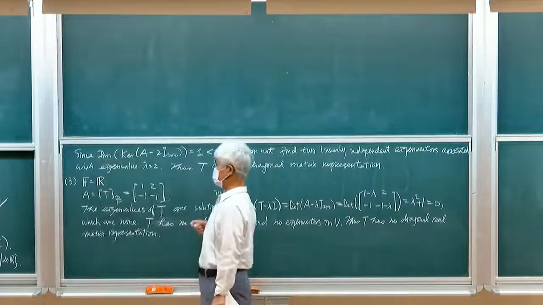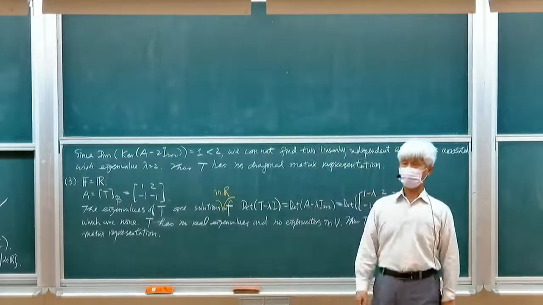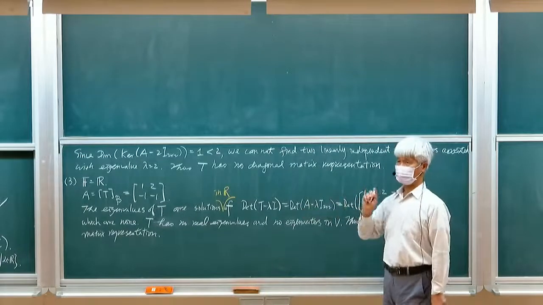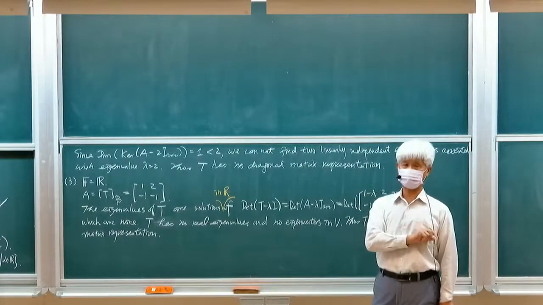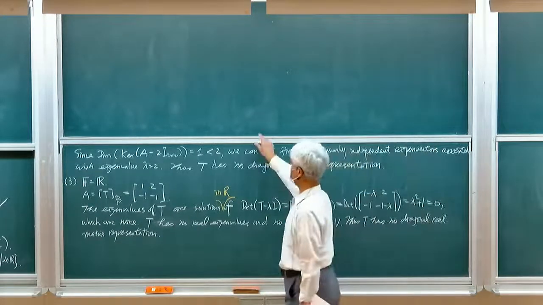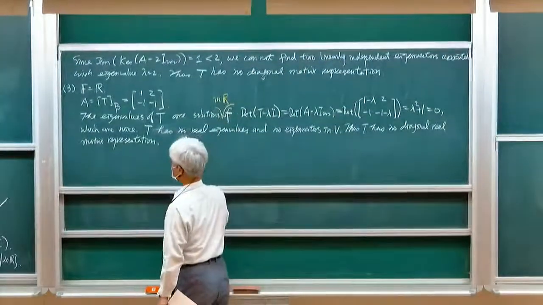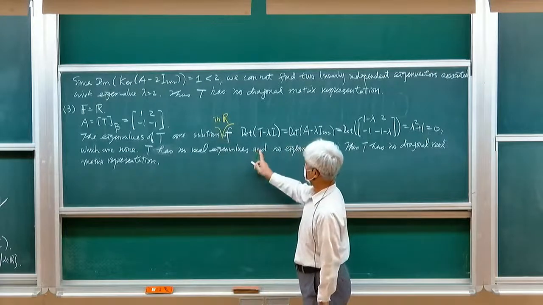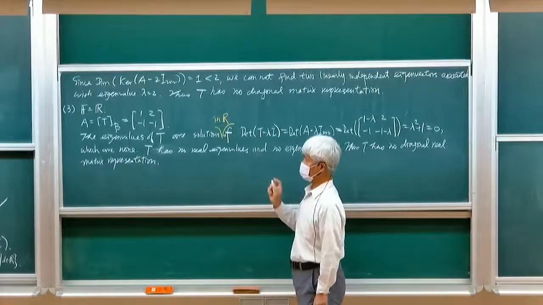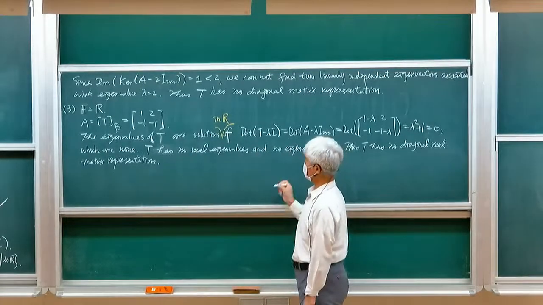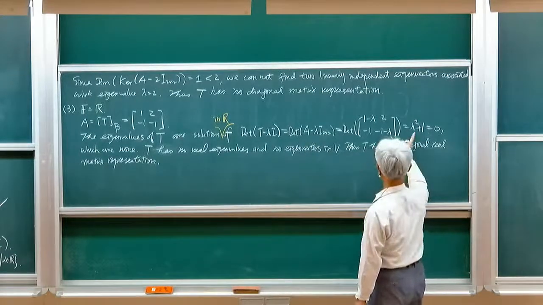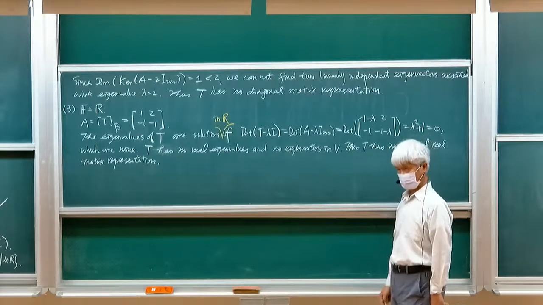Okay, so this case is because we can't solve the polynomial equation, because we restrict ourselves to the real case. So the reason for T not having any diagonal real matrix representation is because we don't have any real eigenvalues.